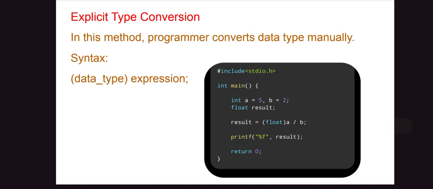Then result is equal to the values of a and b converted into the float data type. So a and b are explicitly converted by the user into another data type. Here int to float conversion is occurring. Then printf, with %f for float, result, and return 0. It gives a value in float which was explicitly converted by the user.